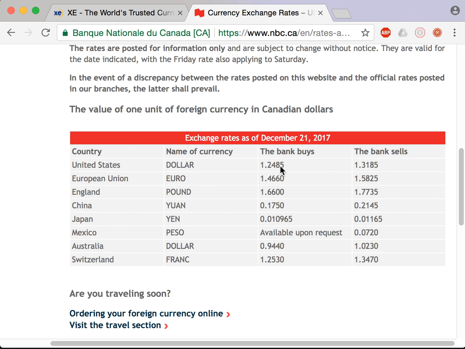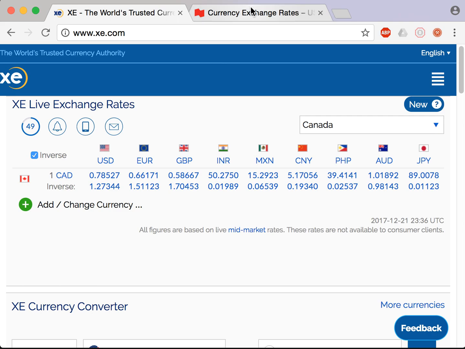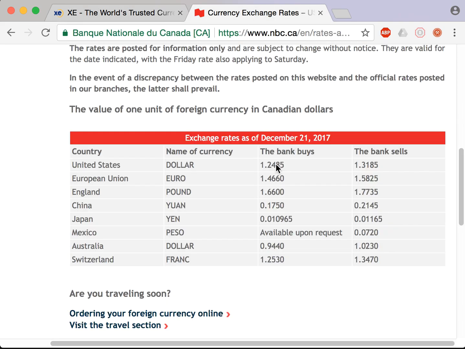So the bank buys US dollars and gives you $1.24 Canadian, and if you want to buy US, you have to pay $1.31 Canadian. Whereas in the past, we saw that $1 US should be $1.27 Canadian. This one's about 3 cents less, this one 3 cents more. So there's this spread that happens.